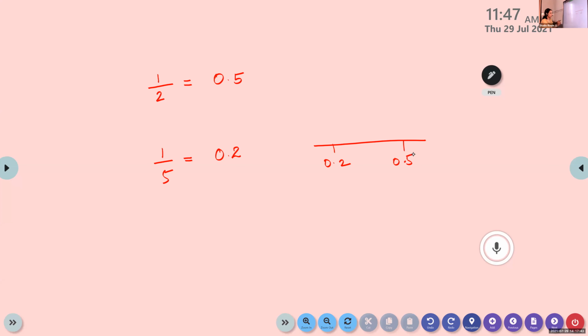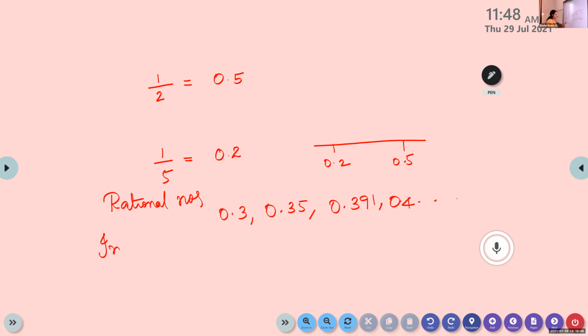Can you give some numbers? 0.3 and 0.4. Yes, you can give 0.3, you can give 0.35, you can give 0.391. These are all terminating. You can give 0.4. Like this, you can give so many numbers. These are some examples of rational numbers.